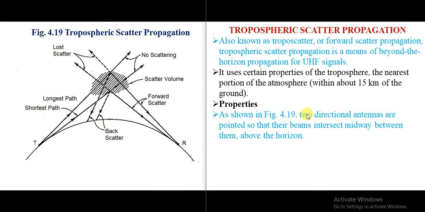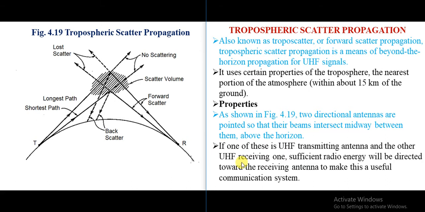So two directional antennas are pointed so that their beams intersect midway between them above the horizon. Suppose T is a UHF frequency transmitting antenna and this receiver is a UHF receiving antenna. So sufficient radio energy will be directed towards the receiving antenna to make this useful for communication.